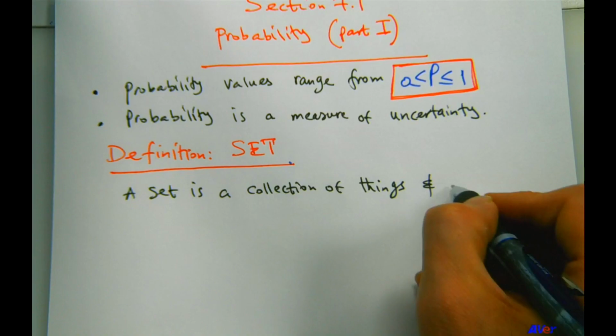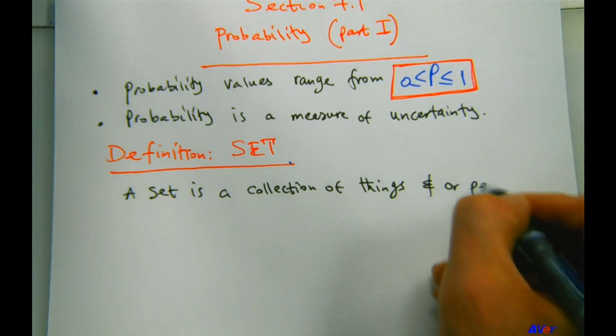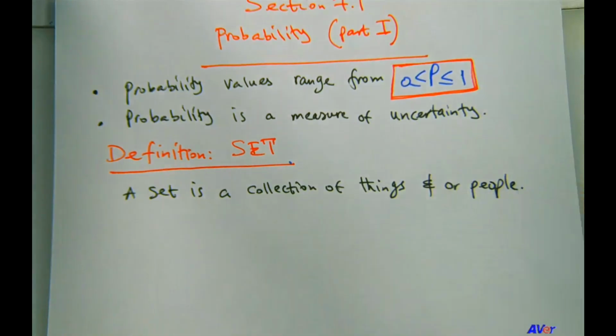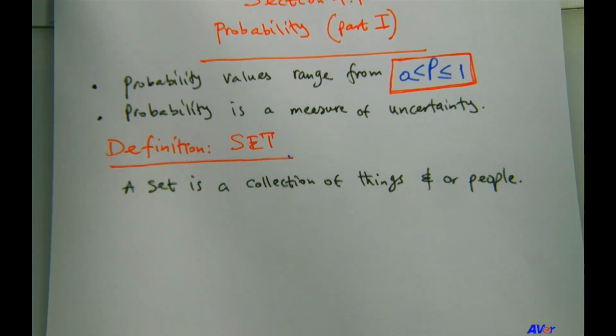A collection of things and or people. It could be anything. It could be a bunch of fruit, people, things, cars. A set is a collection of things or people, and you can define what that collection is. Okay? It could be anything.